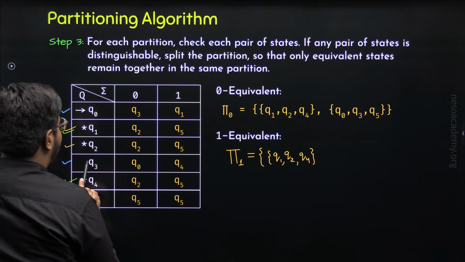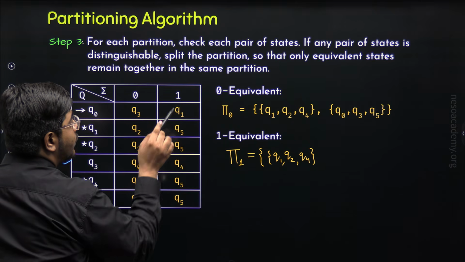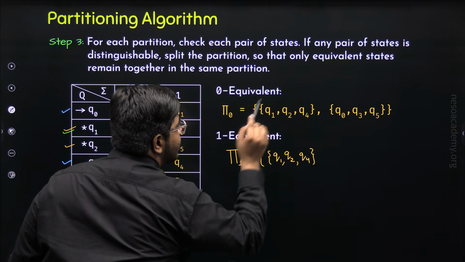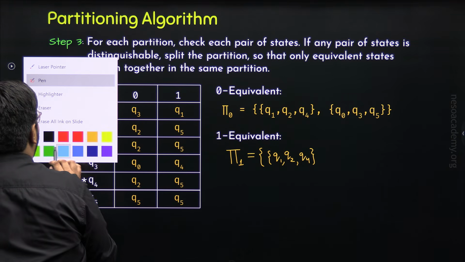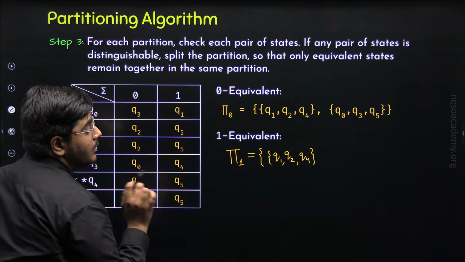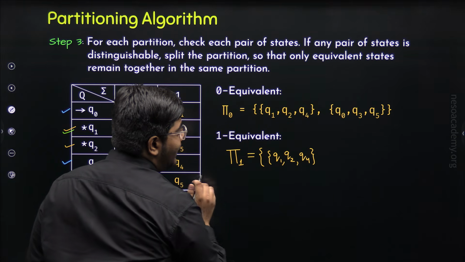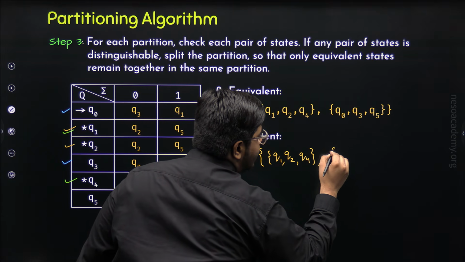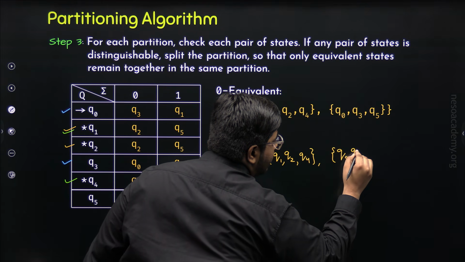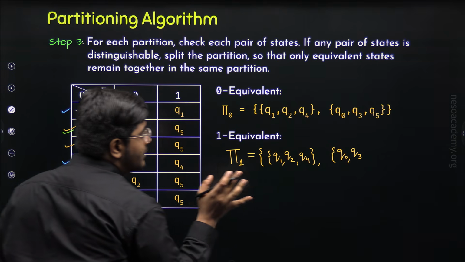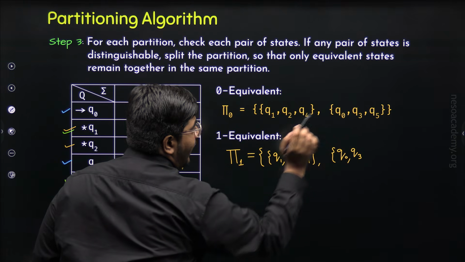Q0 gives Q1 and Q3 gives Q4. Q1 and Q4 belong to the same set, which means that Q0 and Q3 are also equivalent to each other. That is why in the 1 equivalent, we will not separate Q0 and Q3 and they will remain together in the same set.